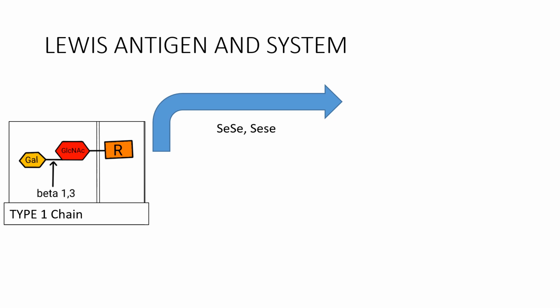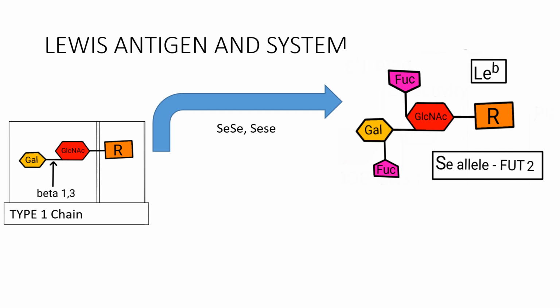So here the secretor enzyme is going to act. Even if you have only one secretor enzyme, either both capital Se or one present, what is it going to do? It is going to attach a fucose on the terminal galactose. So this is a simple H antigen that is formed. Now you have another gene acting on it, the FUT3 gene or the Lewis gene.